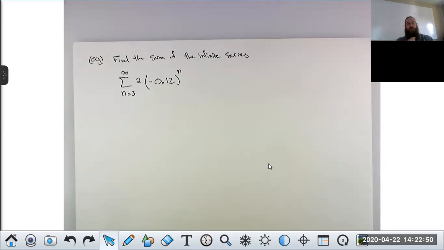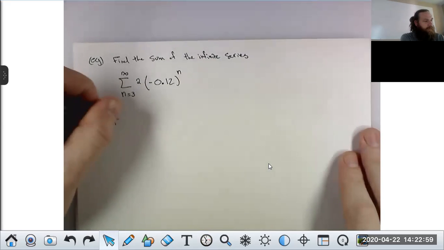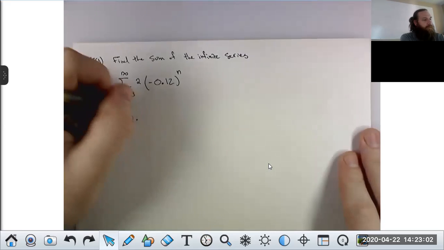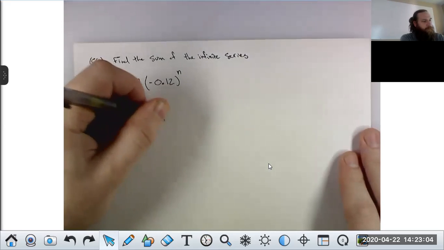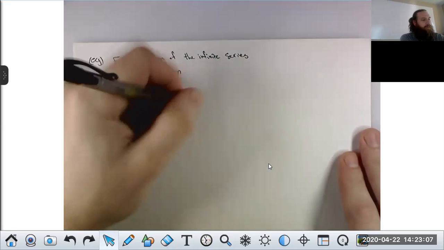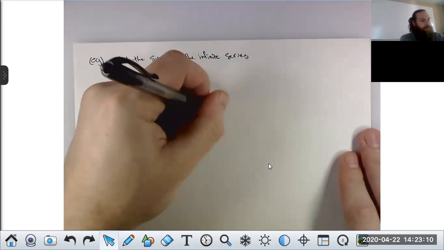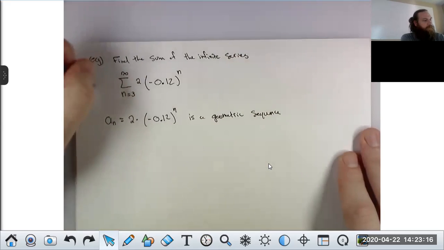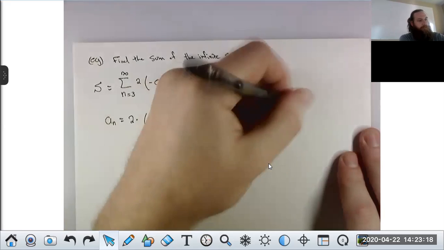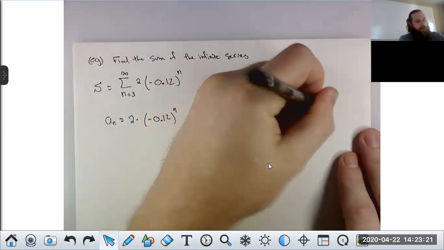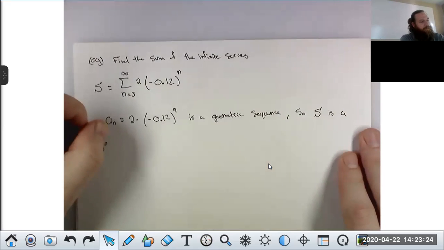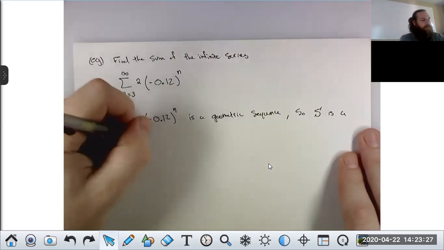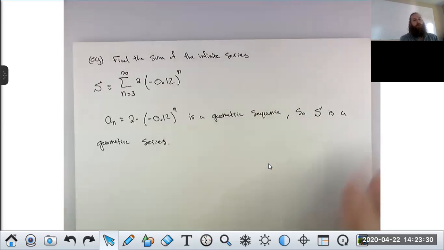So this is a new looking series for us. It is geometric. Here an, the things being added up, is the geometric sequence 2 times negative 0.12 to the n. So the series here, maybe I'll give it the name S. S is a geometric series because it's the sum of a geometric sequence.